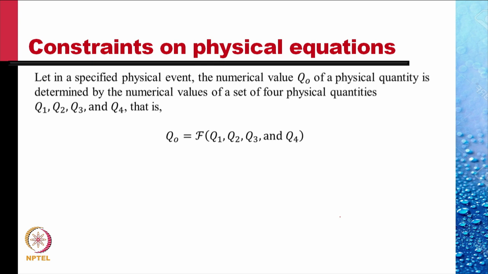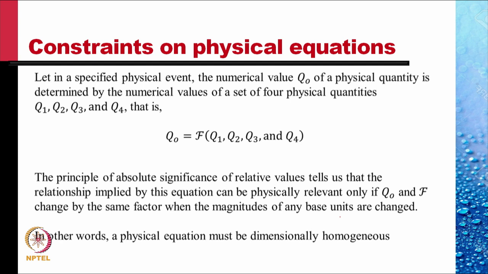Let in a specified physical event, the numerical value Q naught of a physical quantity be determined by the numerical values of a set of 4 physical quantities Q1, Q2, Q3 and Q4. That is, we can write Q naught as a function F of Q1, Q2, Q3 and Q4.